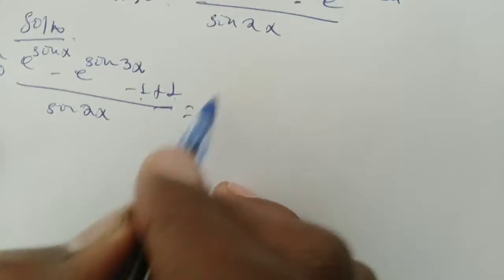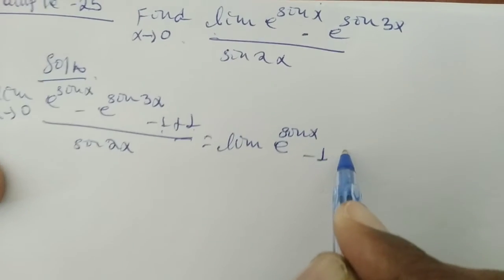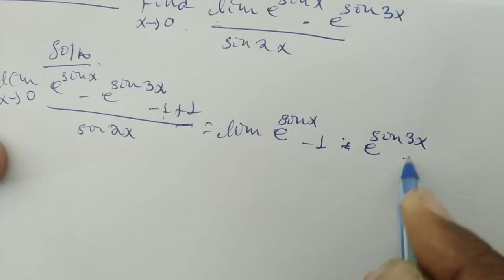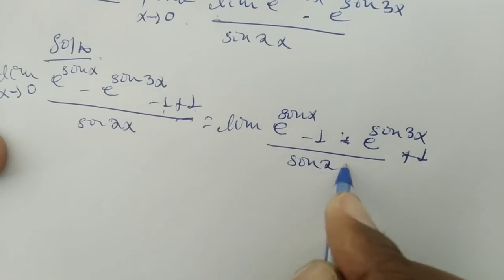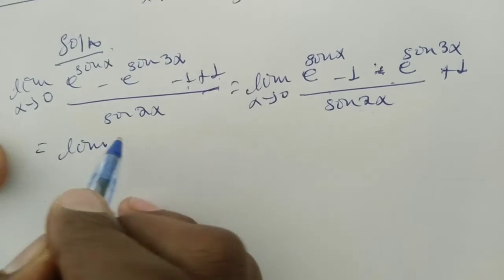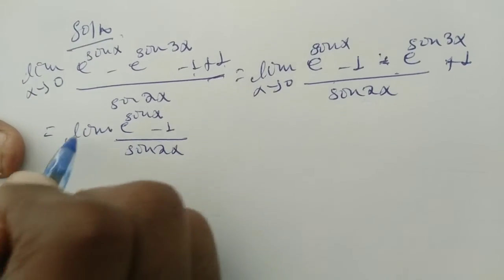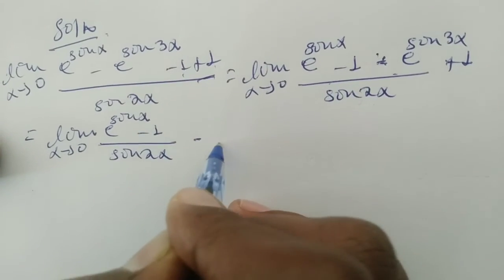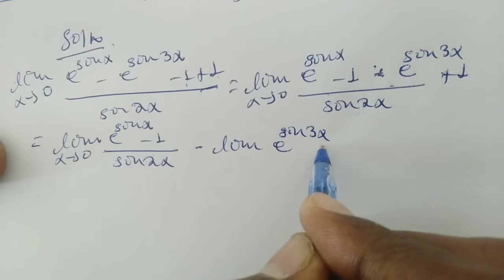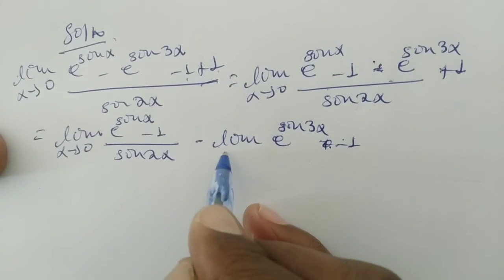which is equal to the limit of e to the power of sin of x minus 1 minus e to the power of sin of 3x plus 1 over sin of 2x when x goes to 0, which is equal to the limit of, let's separate them, e to the power of sin of x minus 1 over sin of 2x when x goes to 0 minus the limit of e to the power of sin of 3x minus 1 over sin of 2x.